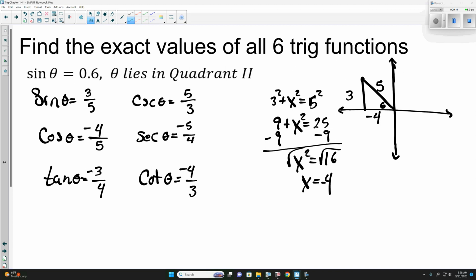Makes sense? That's why I like that, because it helps me keep track of our positive and negative values. Especially if they give us tangent in the 3rd quadrant, the opposite and adjacent side are both going to look positive, but they're actually both negative, because we're in the negative x and negative y.